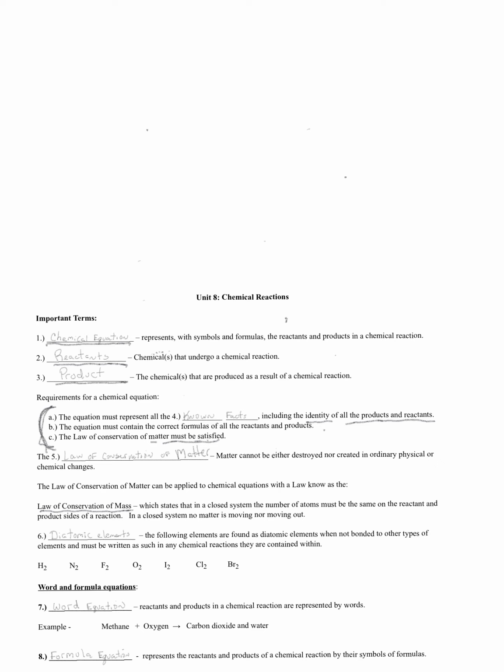So let's say that you have A2 and B. So here we have 2 A's for every B. And then I make a chemical like this, AB. If you look at this and take an inventory, I have 2 A's and 1 B on my reactant side. On the product side, I have 1 A and 1 B.